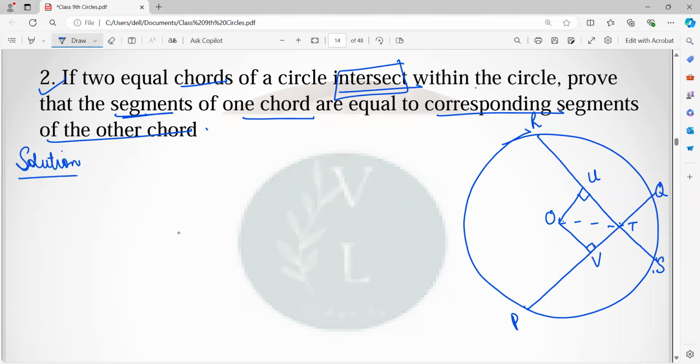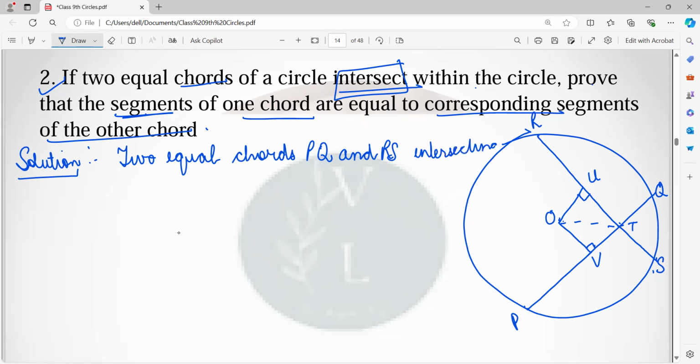So first of all, we'll write what is given in the question. We have two chords PQ and RS which are equal, and they are intersecting each other at point T, right?